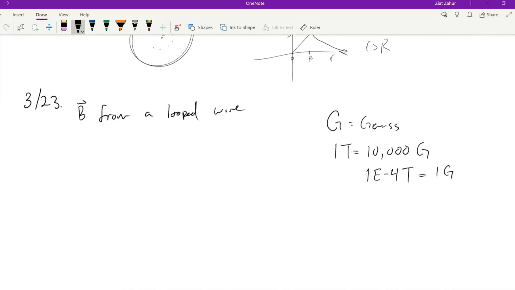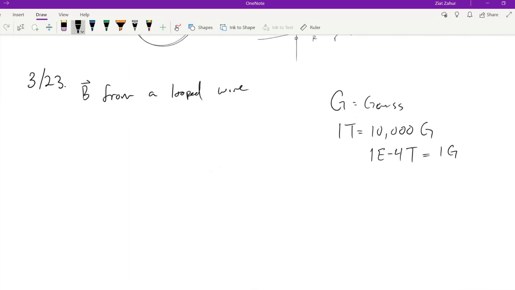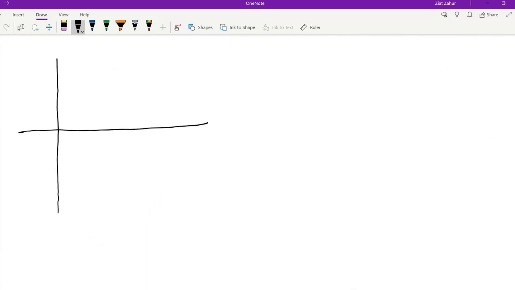Let's go and create our looped wire. We're going to do this in 3D, so get your calculus pants on. It's going to be a bumpy ride today. Similar to how we did the electric field at some point from a loop, we're now going to do the magnetic field.